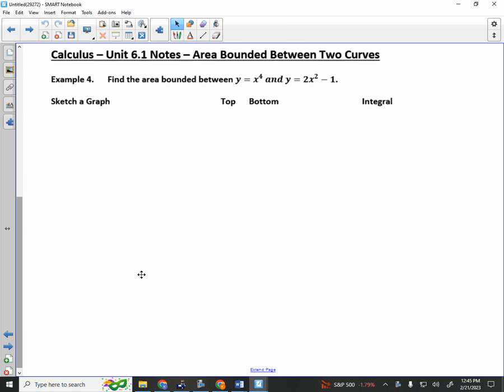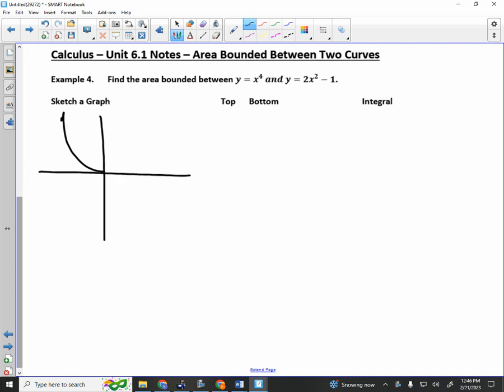If it's x to the fourth with a bunch of stuff after it, then it looks like a W. But in this case, it is just x to the fourth, so it's going to look like this. It's like a parabola that's a little wider at the bottom and more up and down at the top. And then we have y equals 2x squared minus 1.